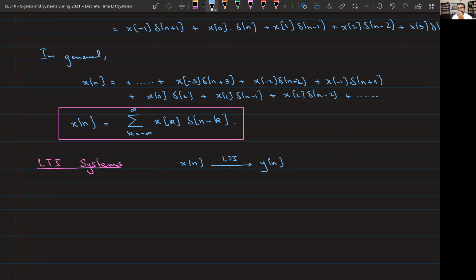Quickly remind me, we've done this so many times, it should be on your fingertips. When a system is linear, what does it mean? Nobody remembers what a linear system is?